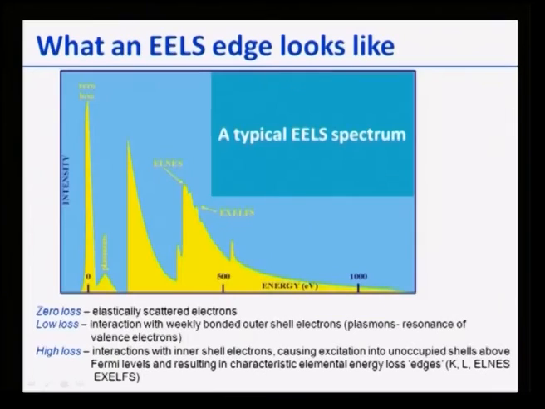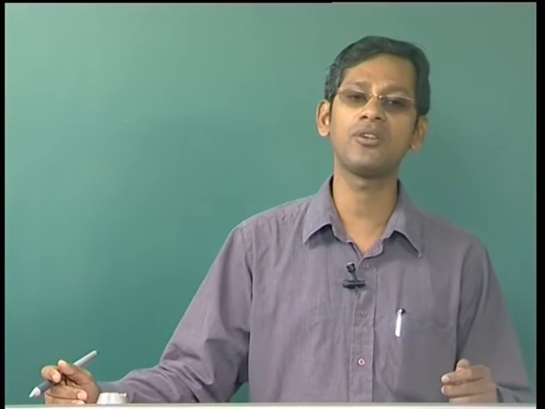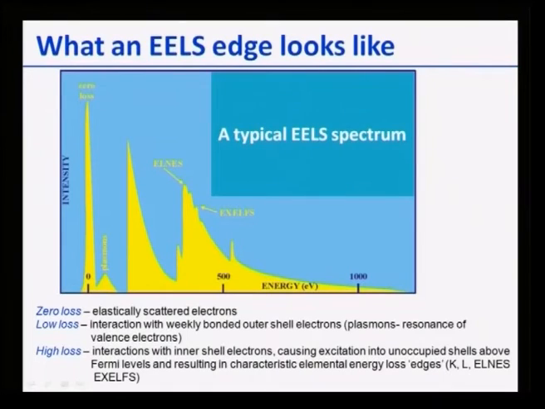I will show you the EELS spectra. Yes. The zero loss peak in the EELS spectrum corresponds to elastic scattering, that means the electrons which have passed through. Any electron microscopist will tell you that a large number of electrons pass through the sample. Therefore, this particular peak in the EELS spectrum has very high intensity; in fact, it is the highest intensity.